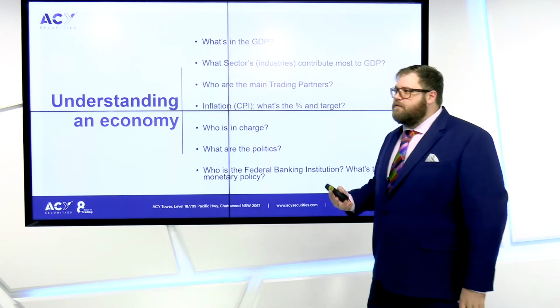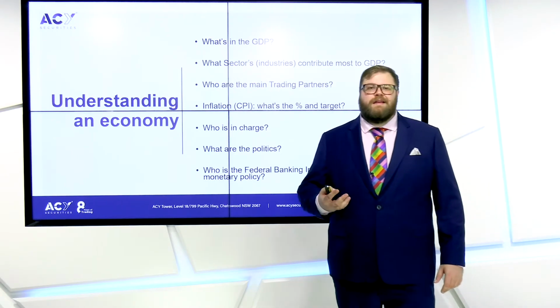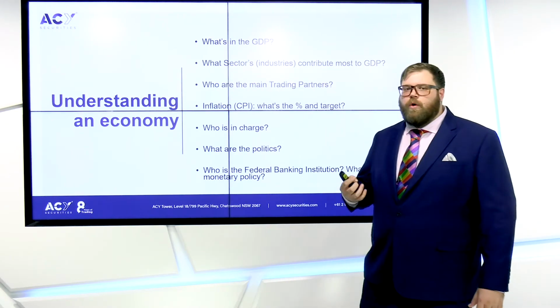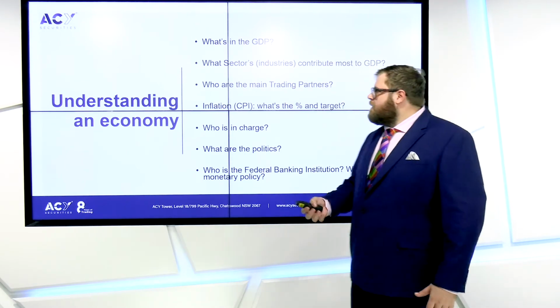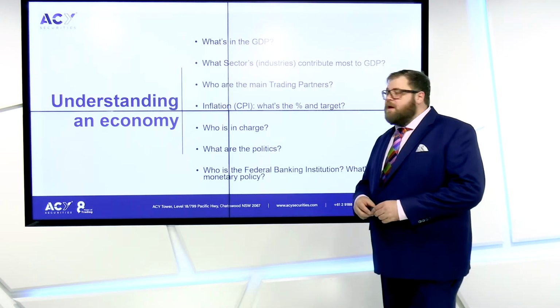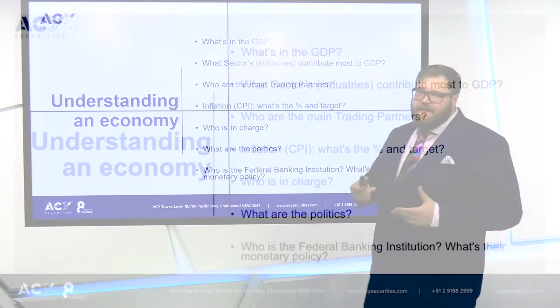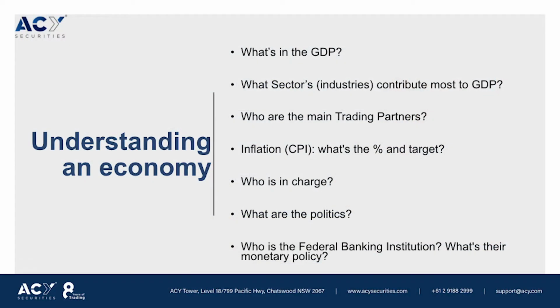Some ways that we can start thinking about and understanding how an economy works and what factors into that are as such. You need to think about the GDP, what sectors or industries are in it, and how that might influence where they're going to go.